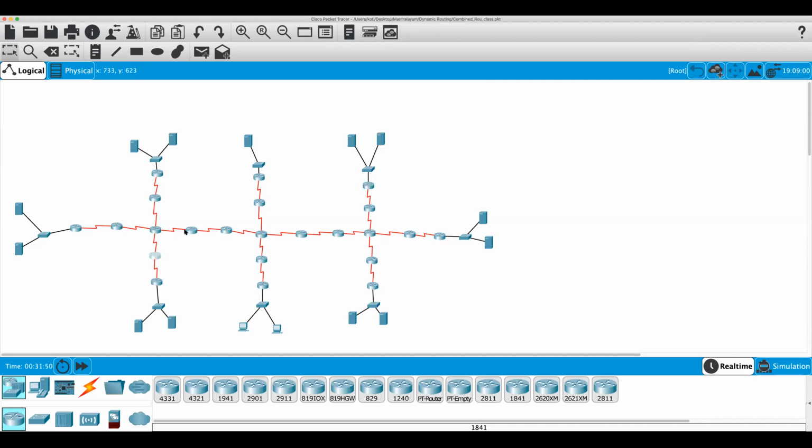The 1841 worked, because the rest of the routers were 2811, and router 6 was 2811 but it wouldn't work. But when we changed it to 1841, then it did work.